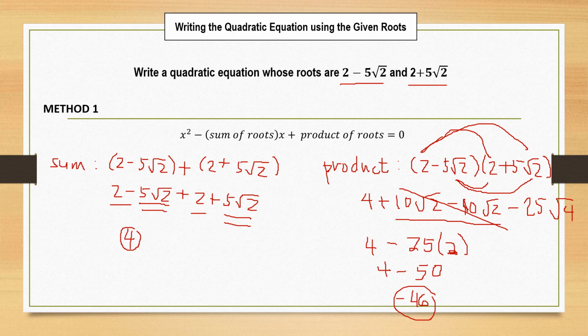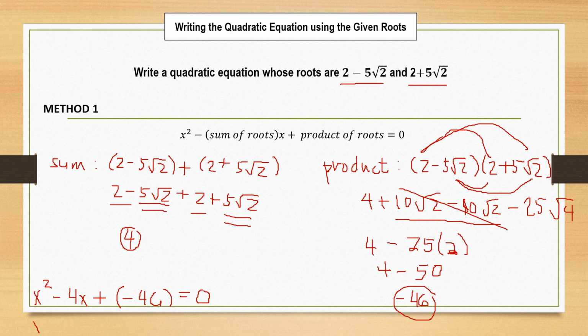Let us now substitute the sum and the product in the given formula. So we have x squared minus the sum of the roots, which is 4x, plus the product of the roots, which is negative 46, is equal to 0.